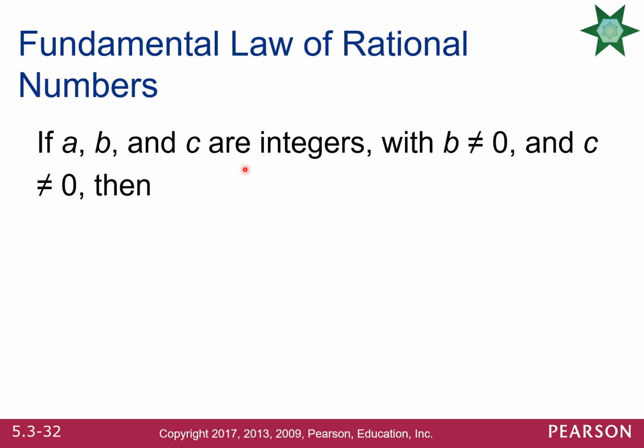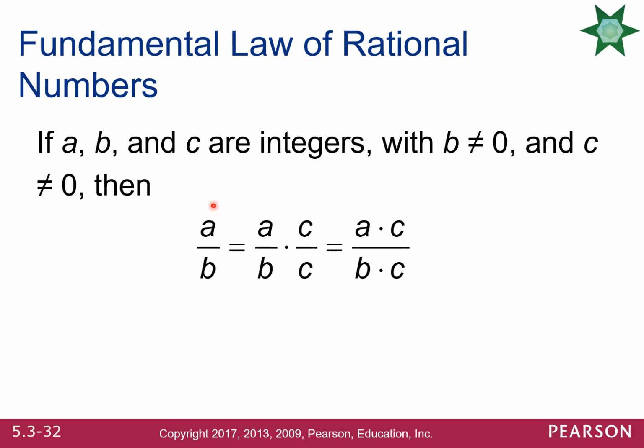So if a, b, and c are integers with b not equal to 0 and c not equal to 0, then a divided by b, if you multiply both the numerator and the denominator by the same value, then you will end up with an equivalent fraction. So it's going to be a times c, or ac divided by bc, and that is what is called an equivalent fraction to the original fraction a divided by b.